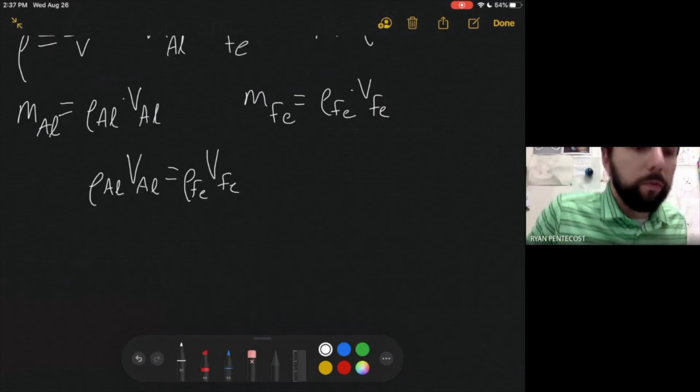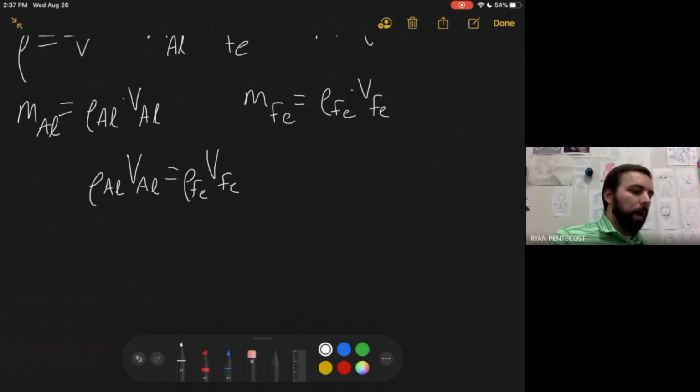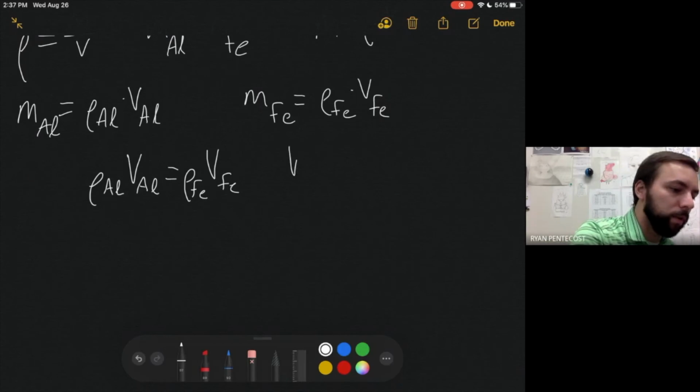Now we're looking for radius. Density can't break down into radius, right? But volume of a sphere can break down into radius. Volume of a sphere is 4/3 pi r cubed.